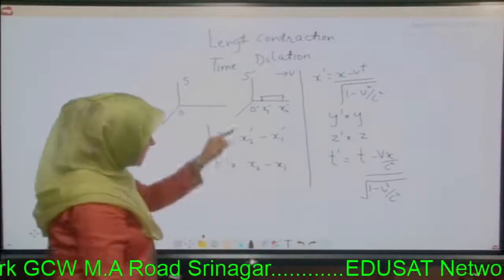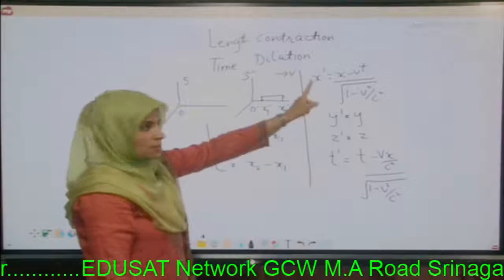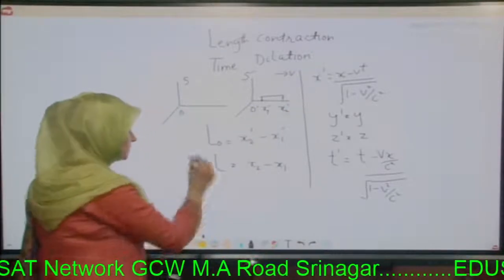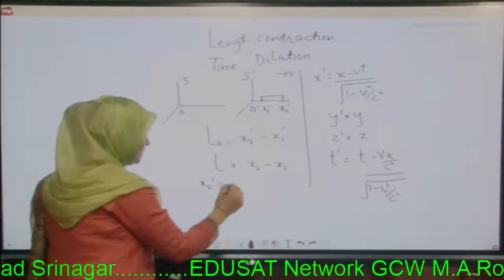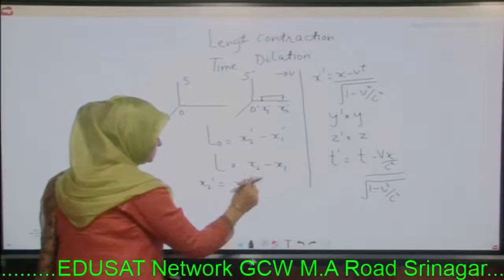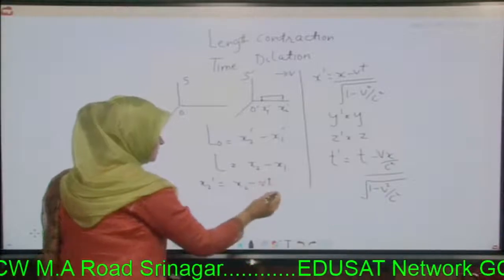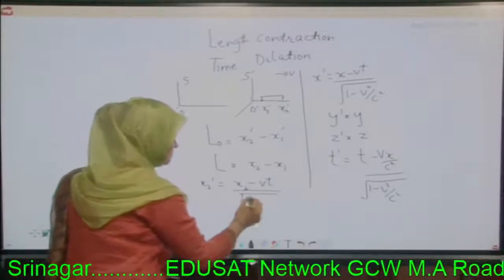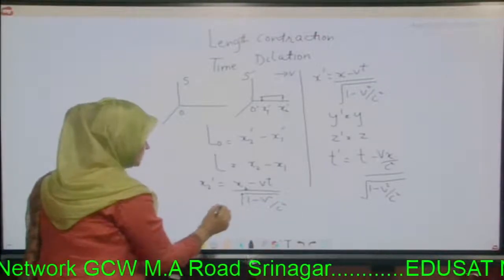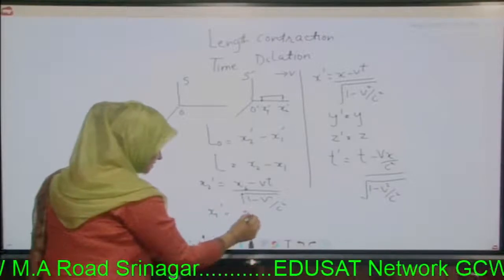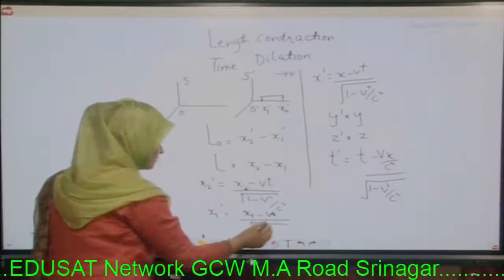Then we can relate x1 prime, x2 and x2 prime by using the Lorentz transformation equations, and let us see what we get. We get that x2 prime will be x2 minus vt divided by the square root of 1 minus v square by c square, and similarly x1 prime will be x1 minus vt whole divided by the square root of 1 minus v square by c square.